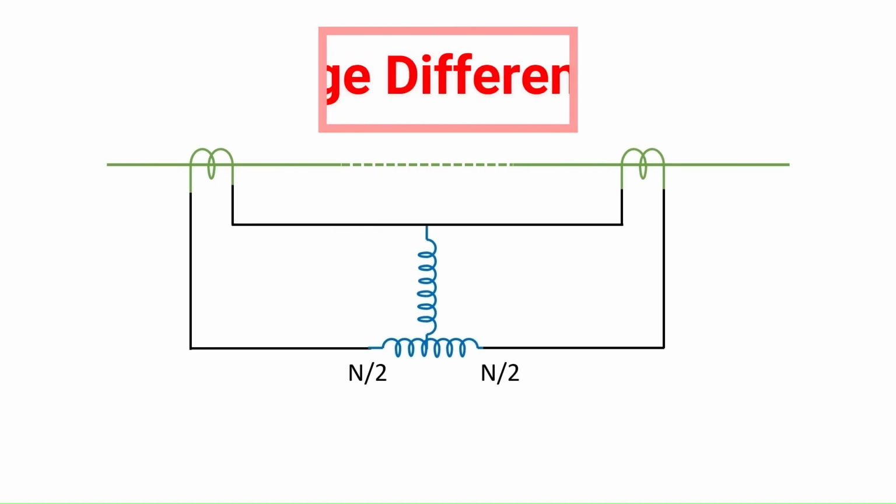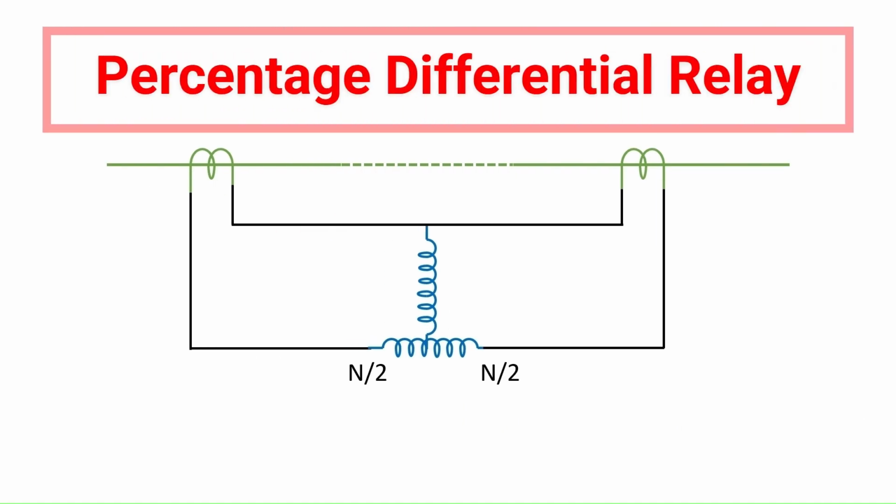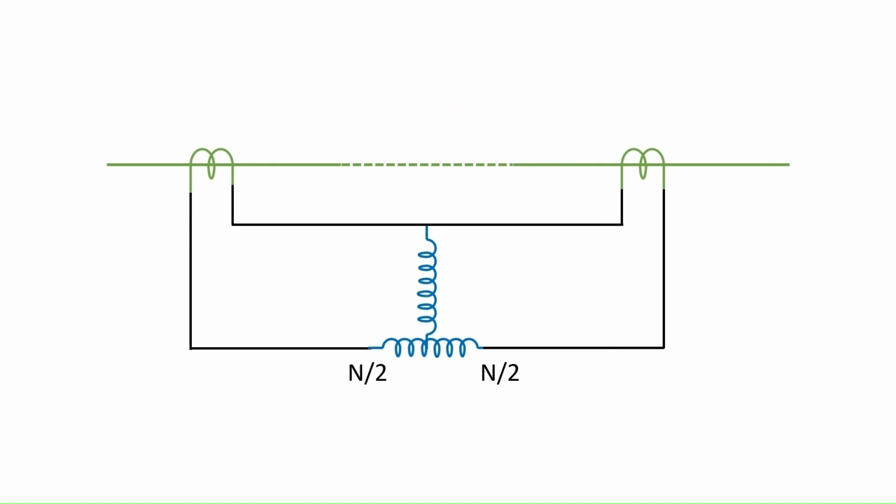Percentage differential relay is the advanced form of differential protection relay. The only difference is that this system has an additional restraining coil connected in the pilot wires. The current induced in both the CTs flows through the restraining coil. The operating coil is placed at the midpoint of the restraining coil.